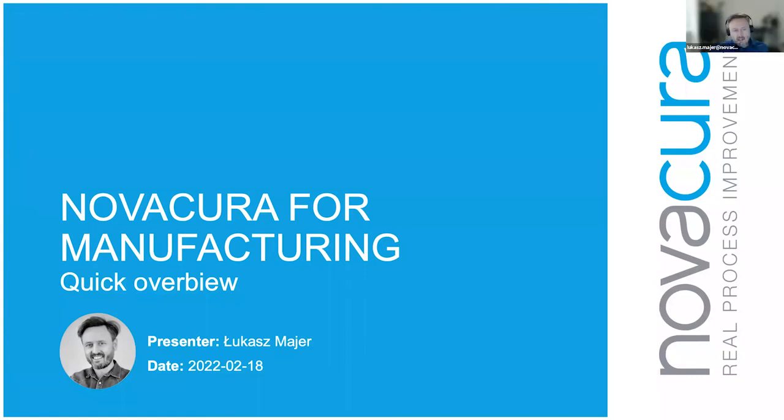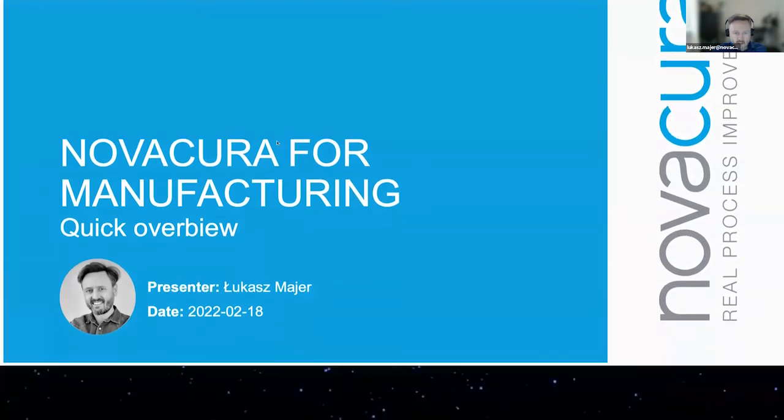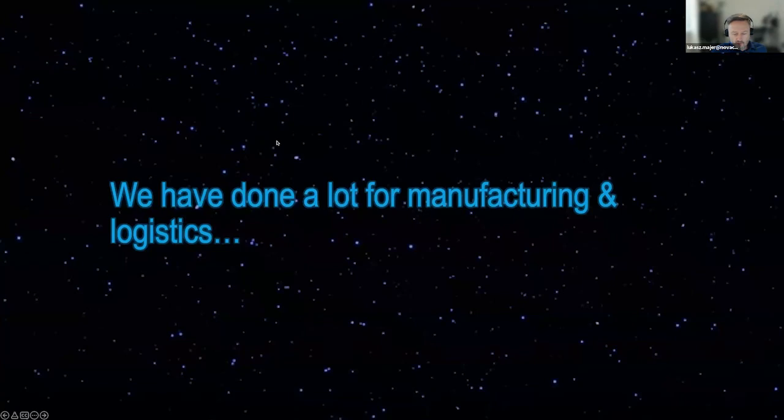So yeah, I would like to quickly present you my candidates for the incoming manufacturing lunch and learn sessions. I was trying to identify the solutions that we provided for manufacturing companies in the past.